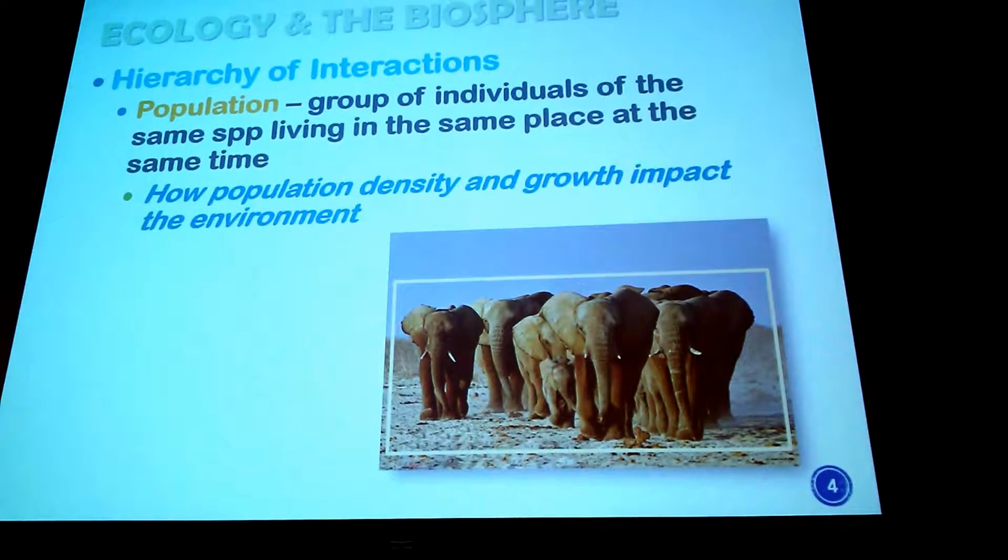How some organisms do great in large numbers, others prefer to be more solitary. Now, we've had this definition before when we talked about evolution, so you should know it. It's nothing new. Group of individuals of the same species living in the same place at the same time.